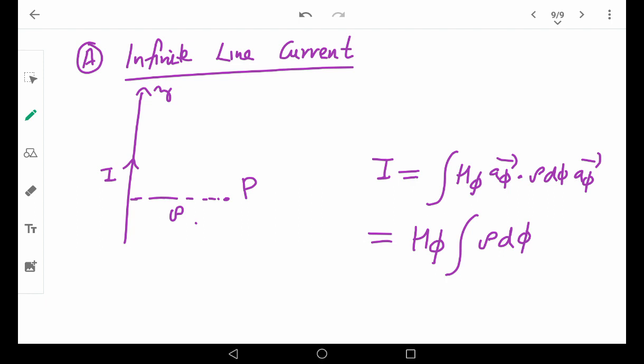So if you do it like this, rho d phi is from 0 to 2 pi, because you have to find it for the whole closed circular path around it.